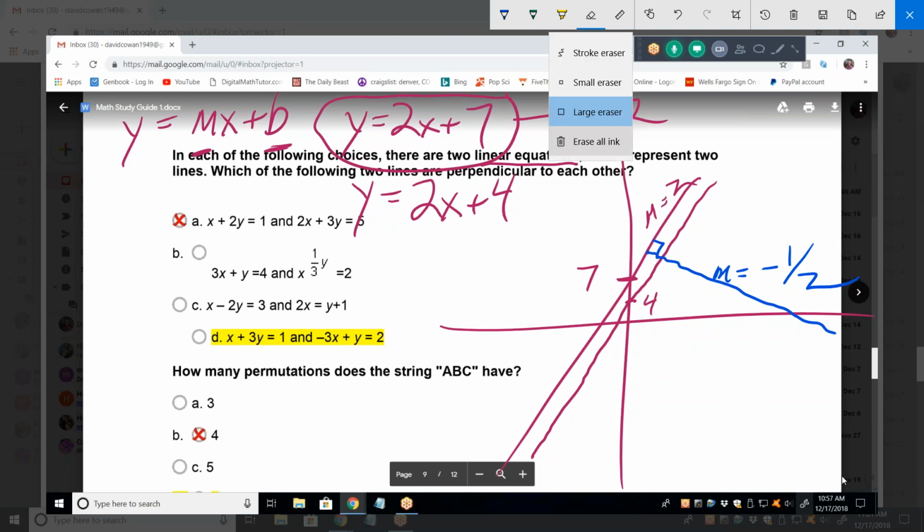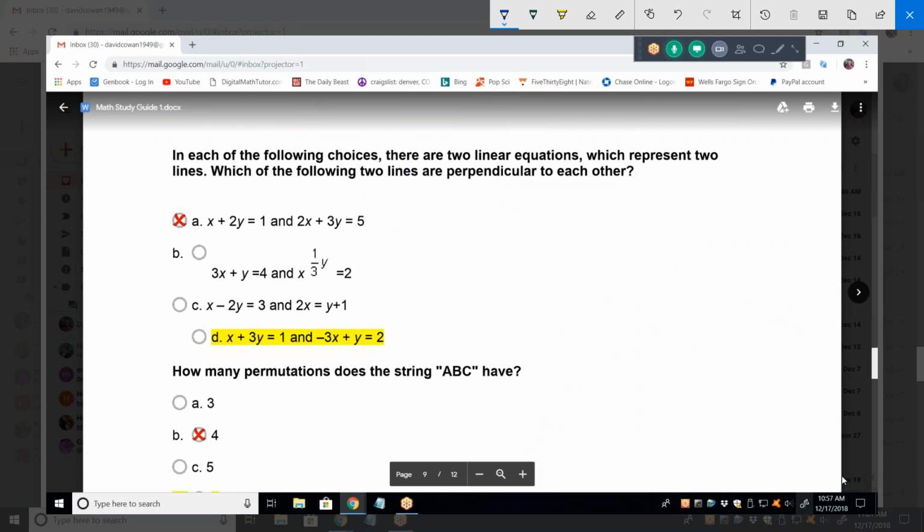Okay? Now let's look at this problem. They've given you two equations which represent two lines, and even though these are not in y equals mx plus b format, which is a typical format for a linear equation, the fact is I can solve it, right?